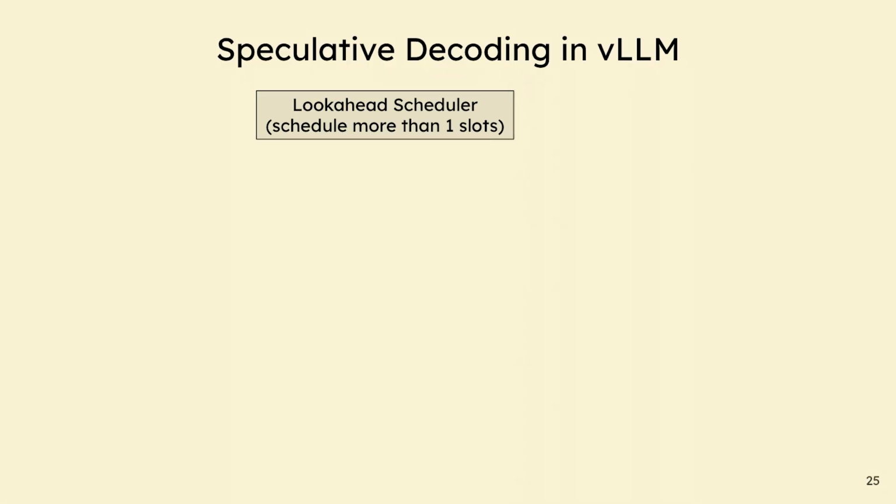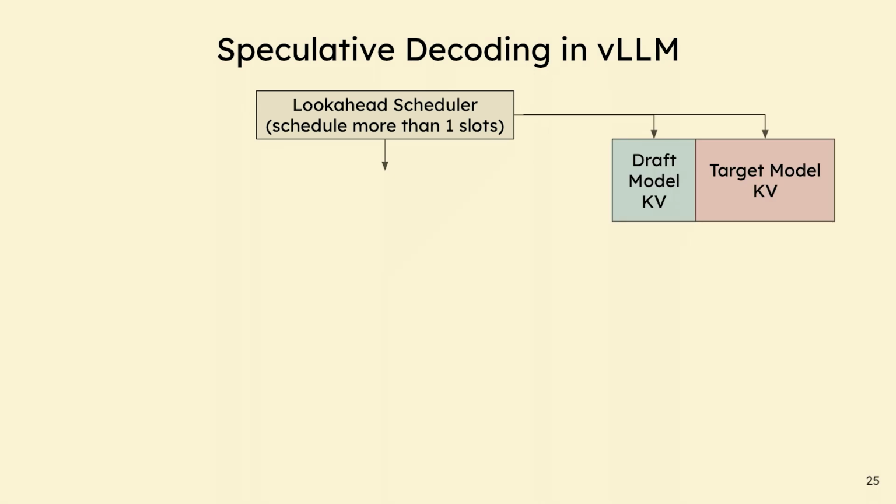To implement speculative decoding in vLLM, we changed the scheduler so that it can schedule more than one memory slot for each request. We also changed the memory management to manage the KV cache for both the small model and the large model.